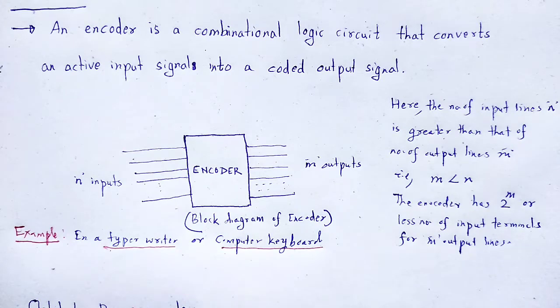Here the alphanumeric keyboard has 26 lowercase, 26 uppercase.